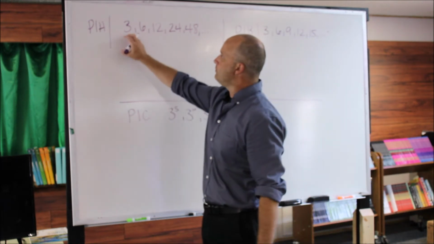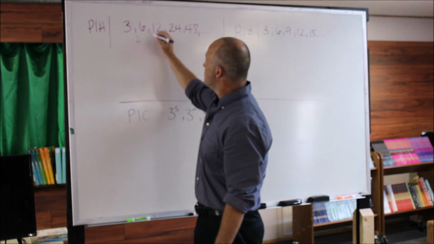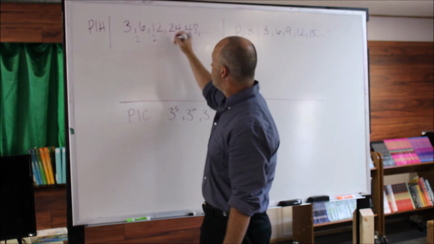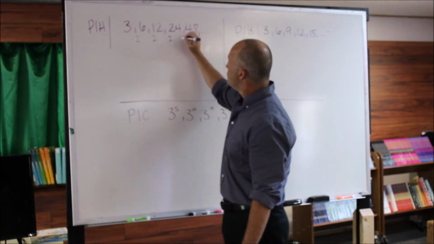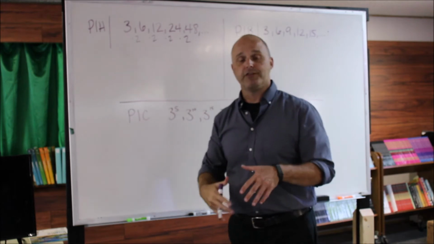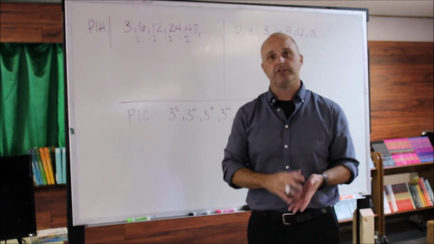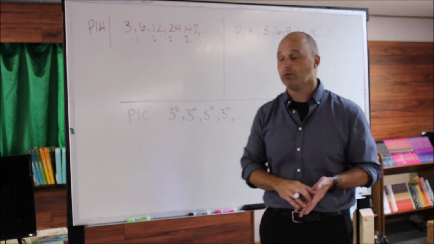What do we multiply 3 by to get to 6? We multiply it by 2. 6 times 2 gives us 12. 12 times 2 gives us 24. 24 times 2 gives us 48. Since we arrived at the same number every single time, we have a common ratio of 2. That tells us that yes, this is a geometric sequence.